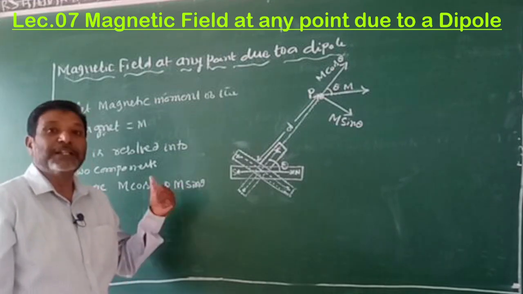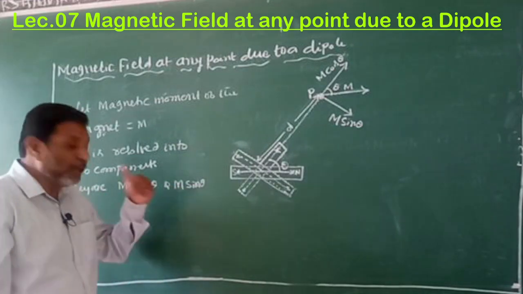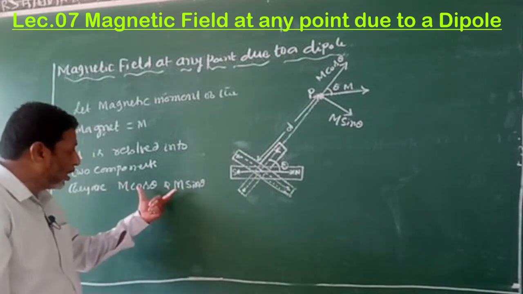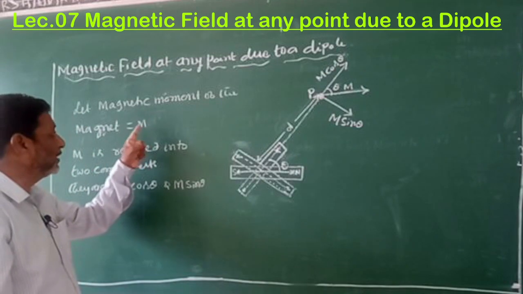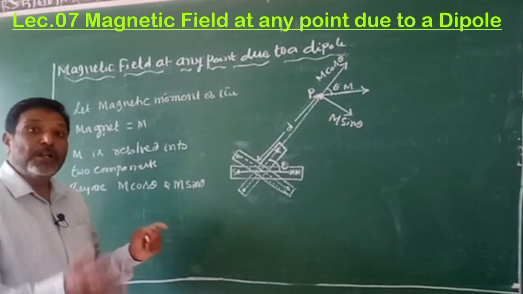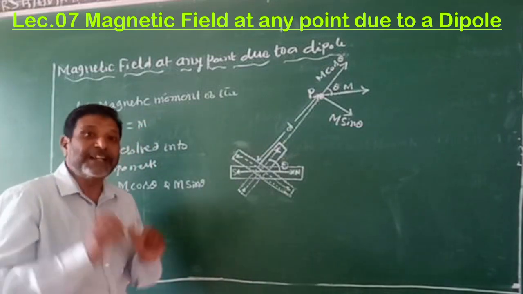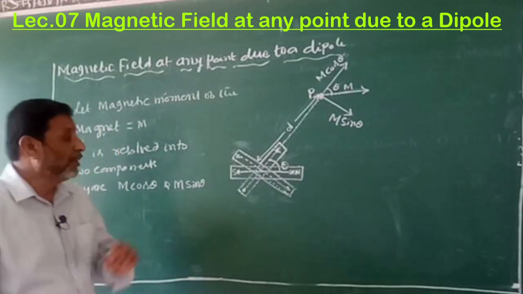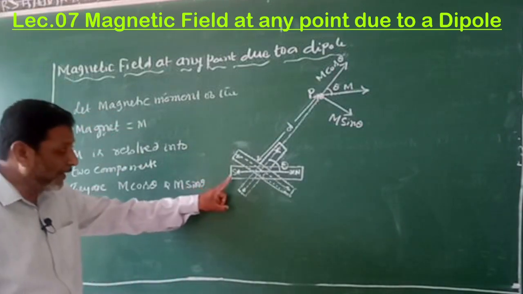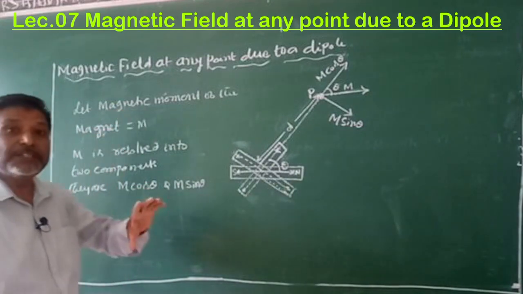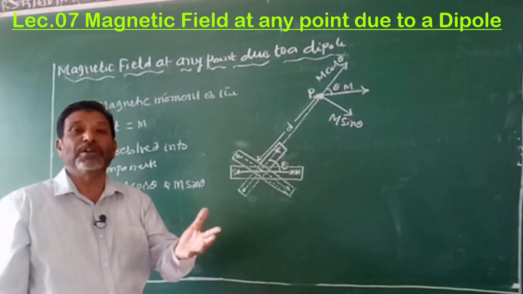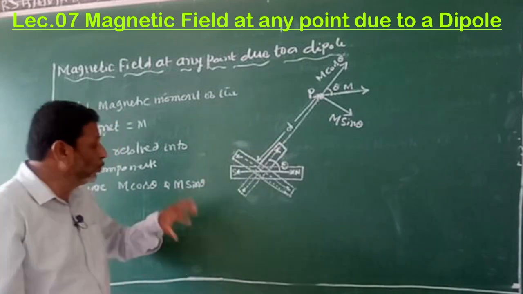Are you following? If these two are perpendicular to each other, then they are the rectangular components of the magnetic moment m. With this we can understand that one magnet of magnetic moment m is resolved, that means split into two.